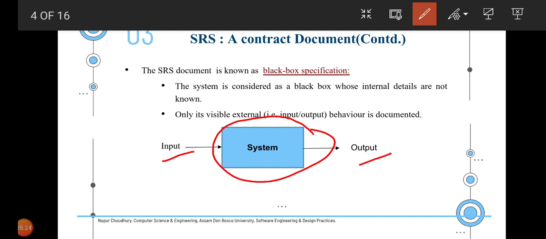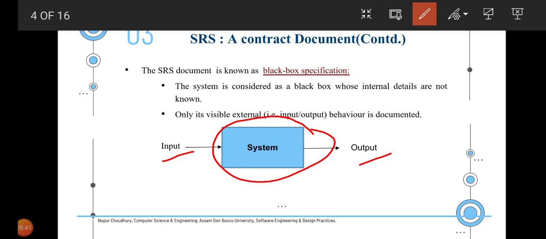For example, let us take the calculator as a product. Whatever input we are giving to the calculator, we can see that, and whatever output we are getting from the calculator, we can see the values displayed on the screen.